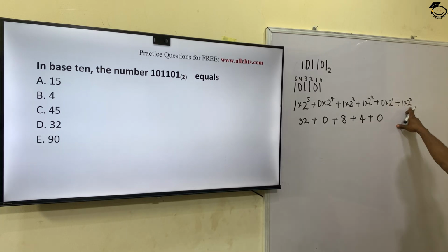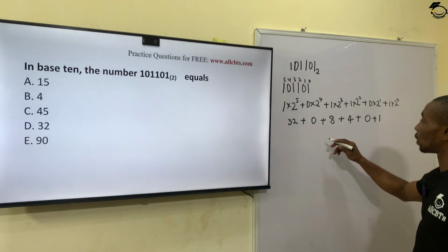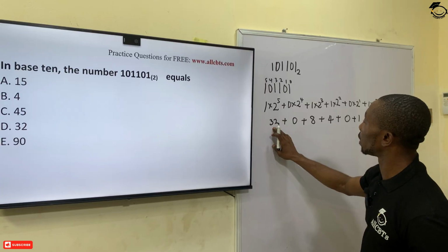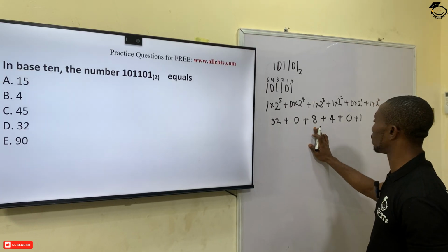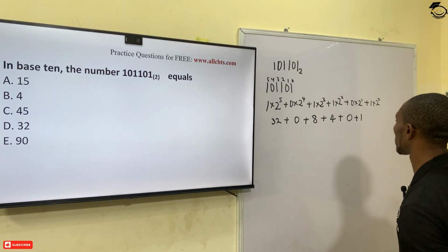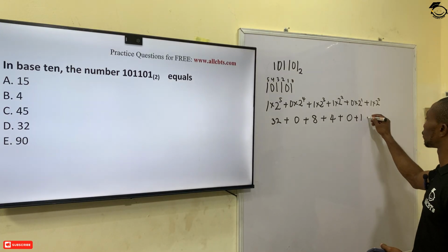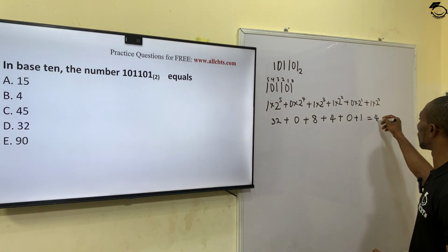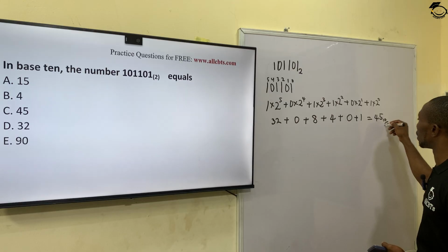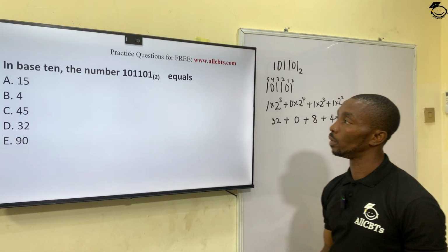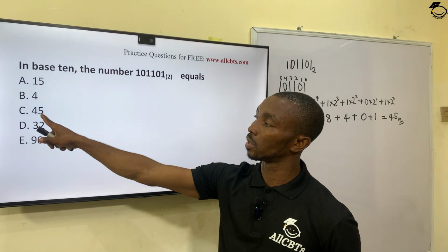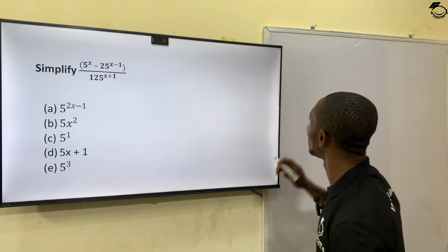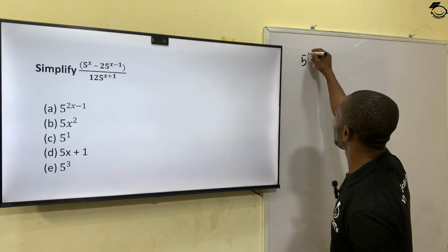Anything raised to the power 0 is 1, so 1 times 1 is 1. Now if we add this all up, 32 plus 8 gives us 40, 40 plus 4 gives us 44, plus 1 gives us 45 base 10. So our answer would be 45 base 10.